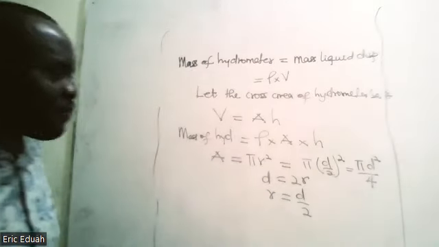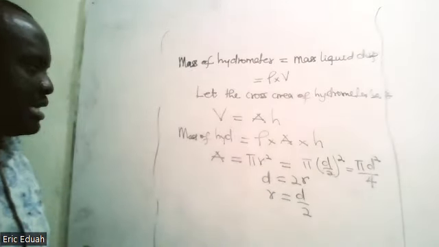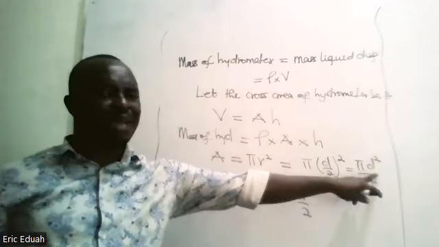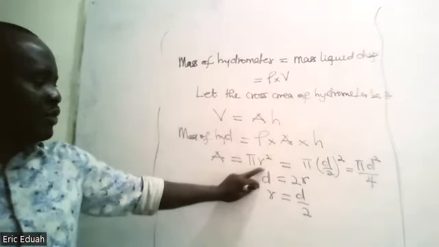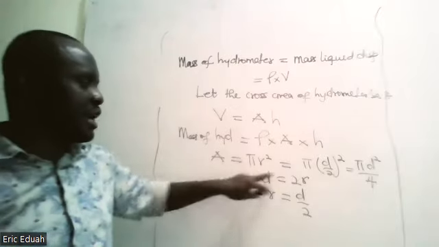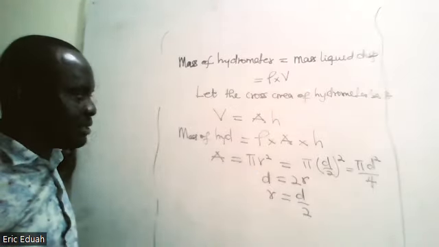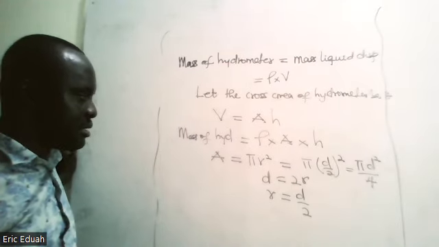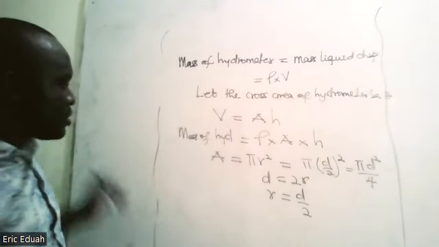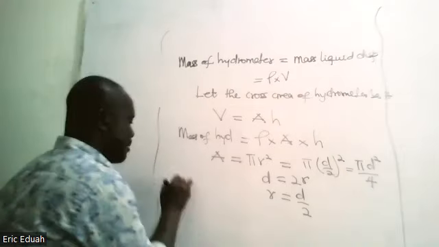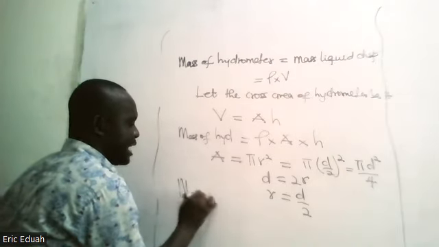So 1/4 pi d squared is the area when you are given the diameter. When you are given radius, this is it. If you are given diameter, this is it. Are we fine? Good.